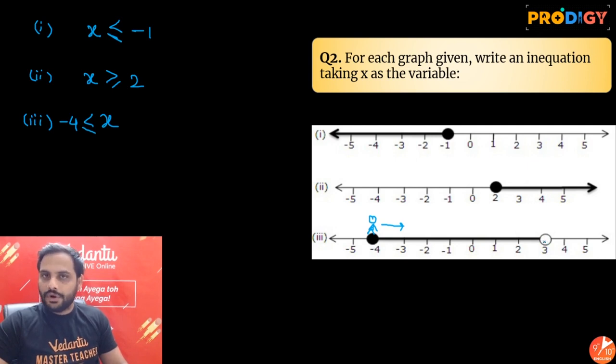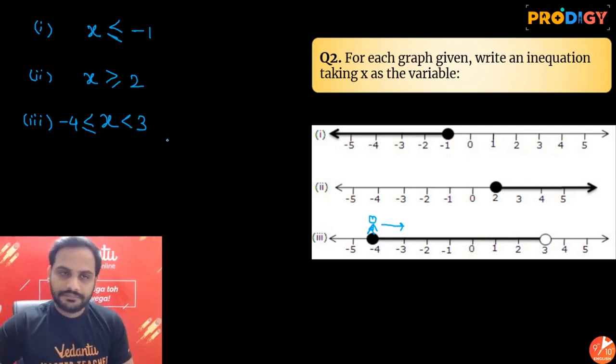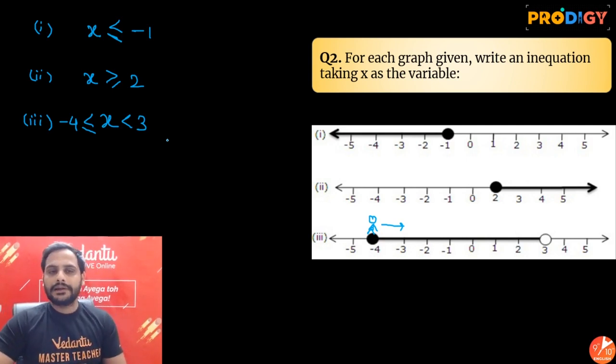So 3 is not included and the values are on the left hand side of the 3. That means less than 3. So for the third one, x is greater than or equal to minus 4 but less than 3. Clear?